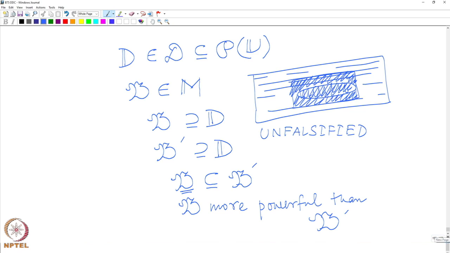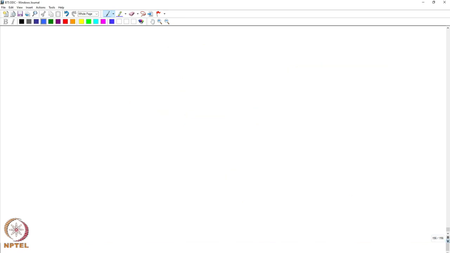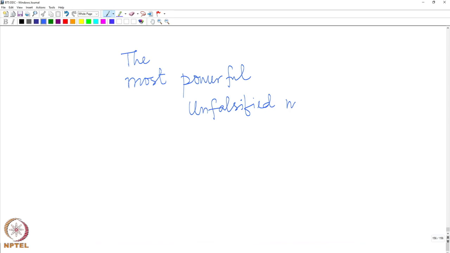Now, from that perspective, we define what is known as the most powerful unfalsified model. The most powerful unfalsified model sounds like the name of a powerful action packed movie.